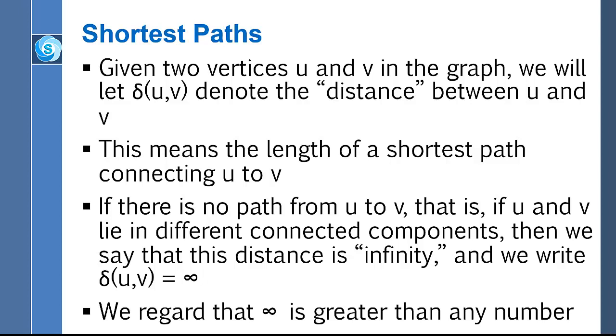As we approach Dijkstra's algorithm, we want to regard infinity as something meaningful mathematically, and we want to think of it as something that's greater than any actual number. When we compare infinity to some other distance, if that distance is a finite number, we'll think of infinity as greater than that number.